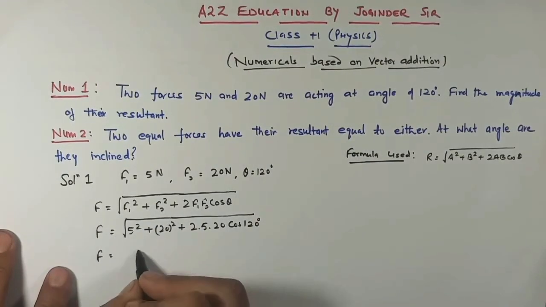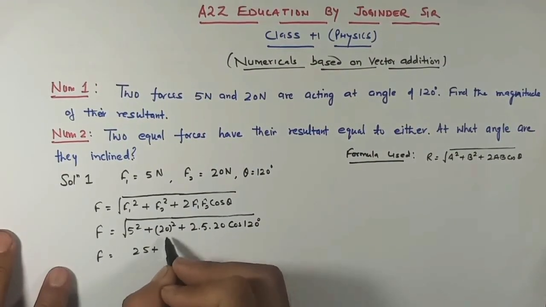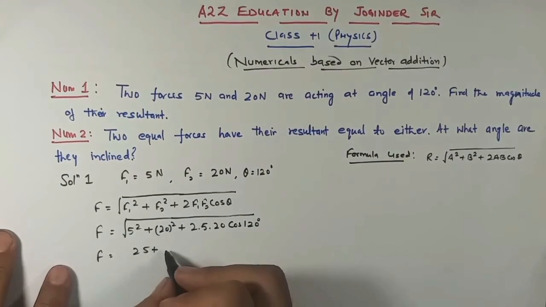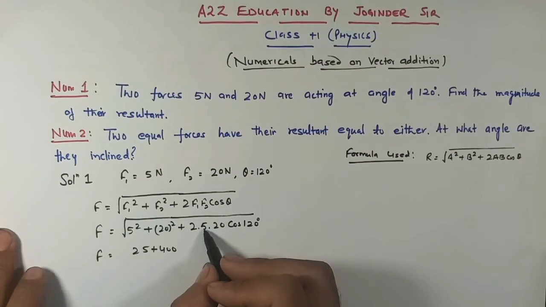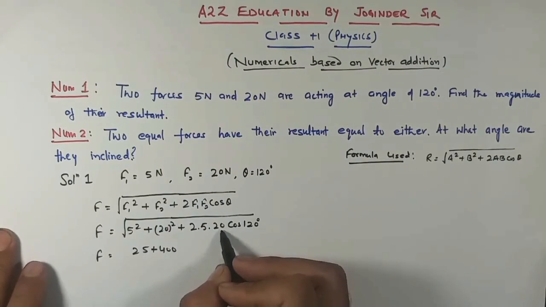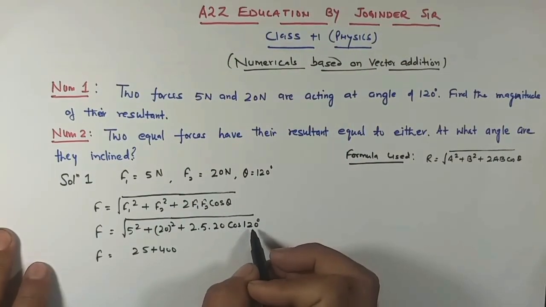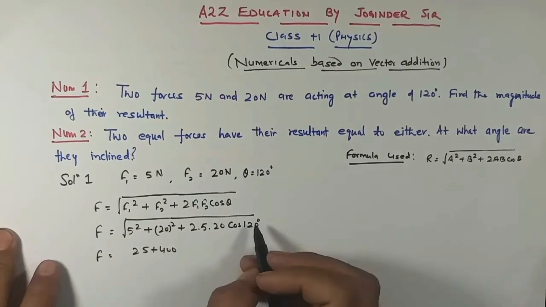So F is equal to the root of 25 plus 400, since the square of 20 is 400, plus 2 into 5 into 20, that is 200, into cos 120, which is minus 1 by 2.